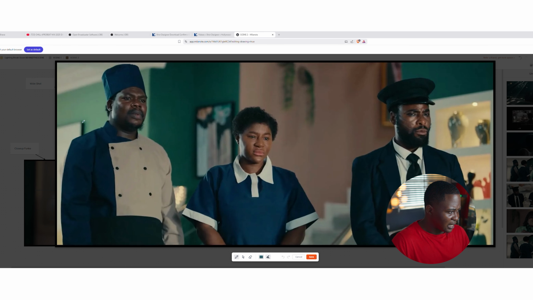Now you notice how the light coming from here is lighting them from this side. So you can see it in his hair here, and also see it in his hair here. So in the previous shot before, it's the same place, but they just turned and she went to the couch to sit down.